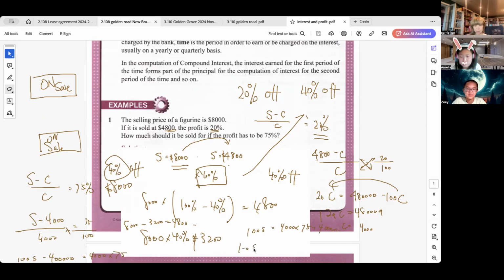So 100S equals 4,000 times 175. So 2 zeros gone. So S equals 40 times 175 equals 7,000. Okay, get it? Okay, I'm gonna stop here.